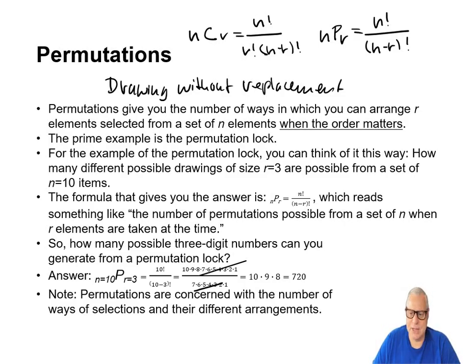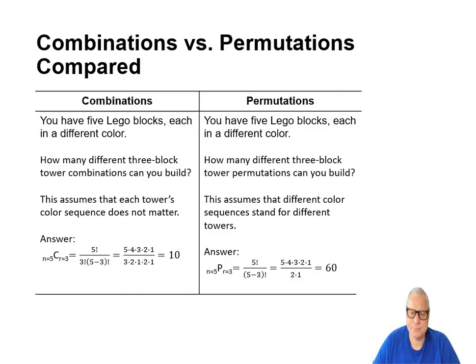Okay, so let's just take a look at another example. Let's say you have 5 Lego blocks, each in a different color. How many different combinations can you build? Here, let's say you have a tower with 3 blocks.